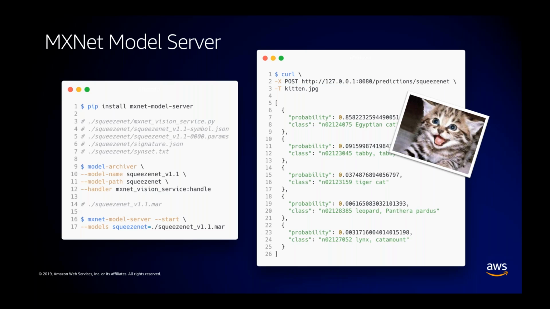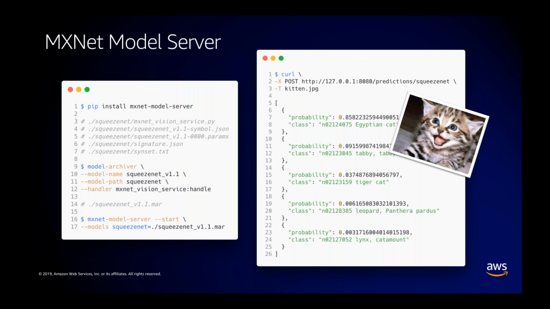And then when we have our .mar, the model archive file, we can start an MXNet model server with the MXNet model server command and specify which model archive we want to use. And after you've run this command, so you might be running this on an EC2 instance, for example, it's going to start the web server, and then we can make REST API calls.